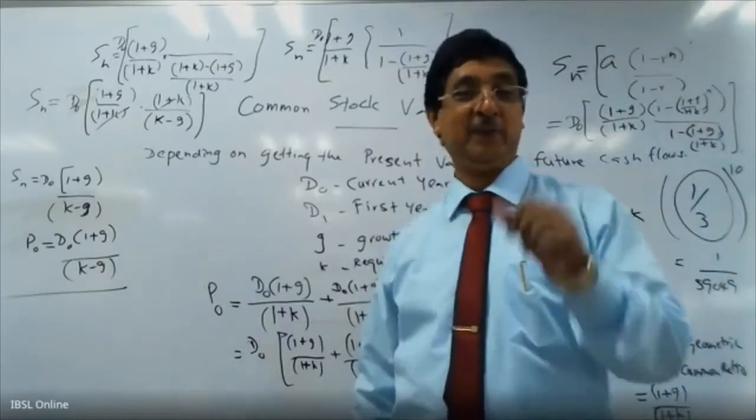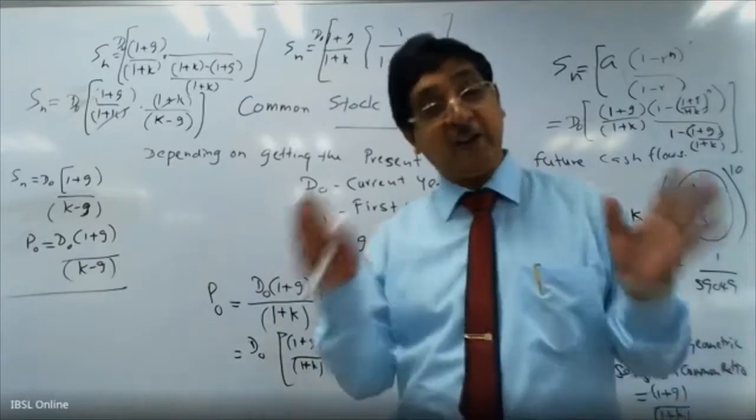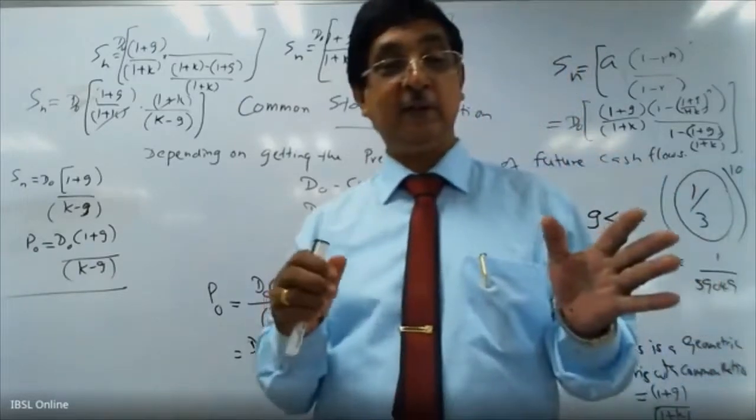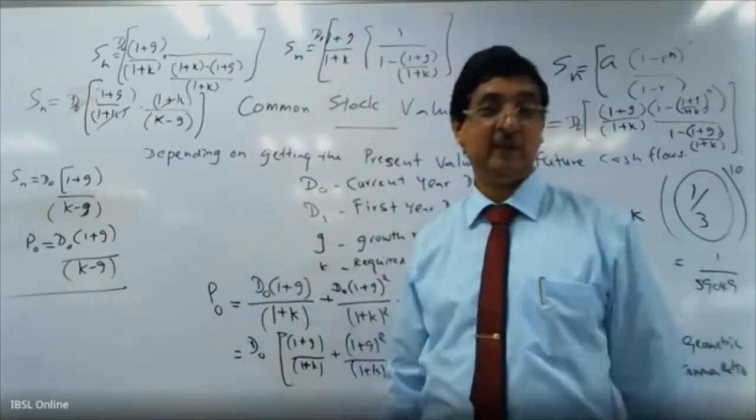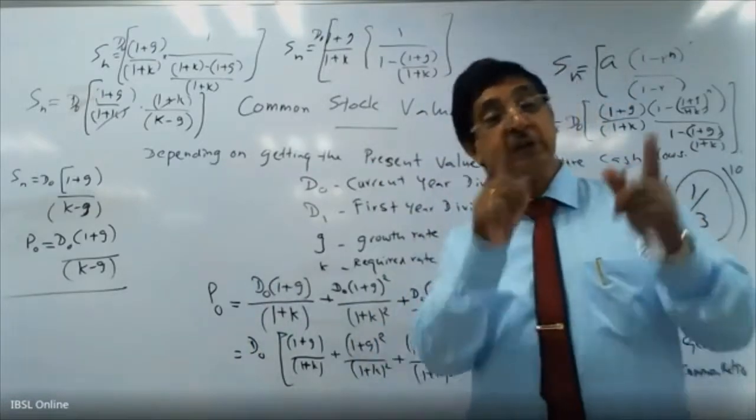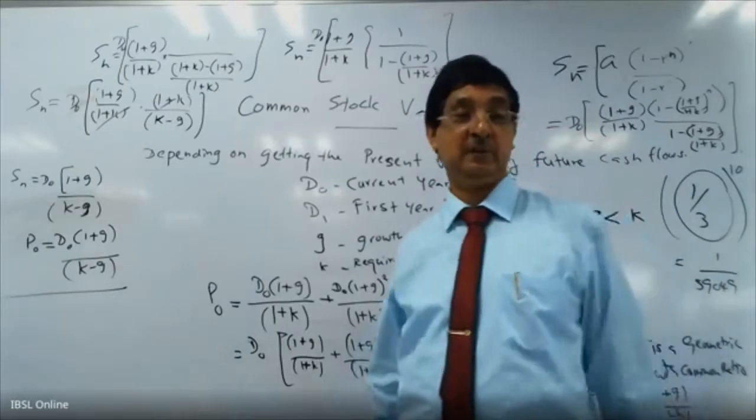I think you got my point. If that is the case, there's another way of calculating the stock price, and we need to go for the two-stage dividend discount model.